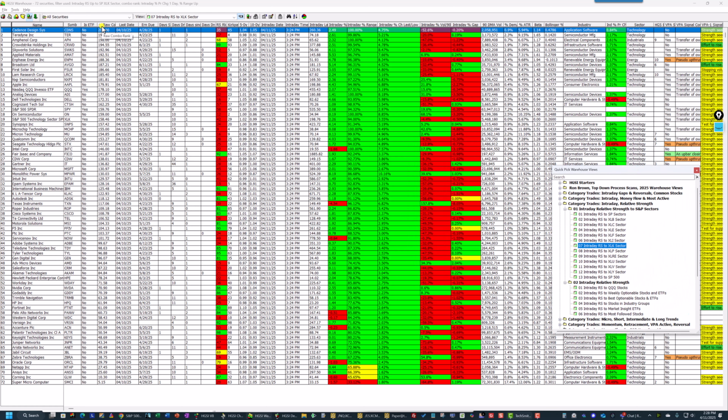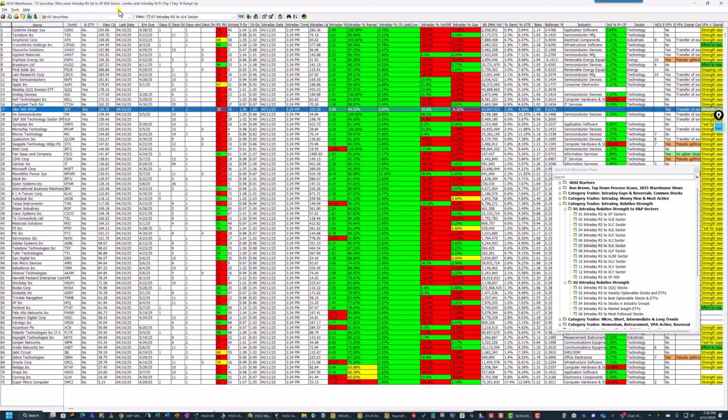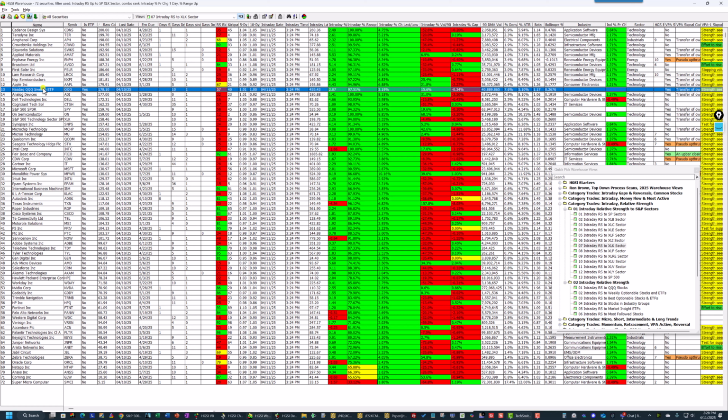Sorted on raw combo, Cadence Design System is at the top of the list. Now the SPY is in there. SPY is here. So these are outperforming the SPY and QQQ. It's right above it. I didn't see it, but there it is.